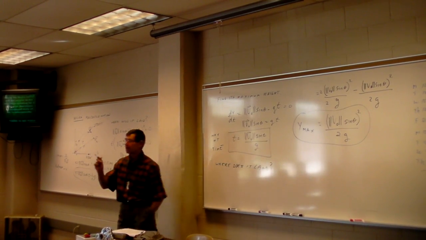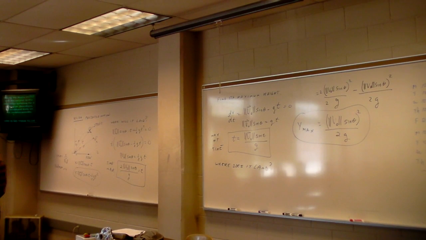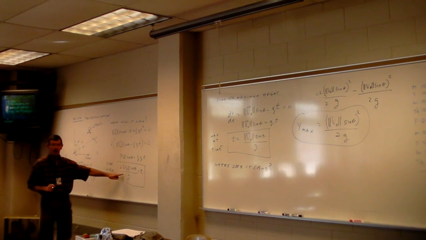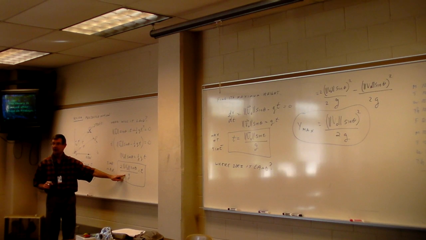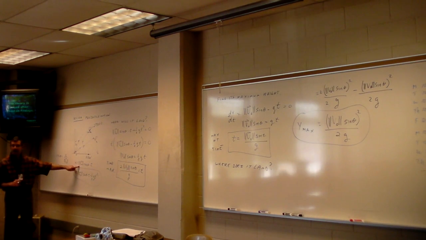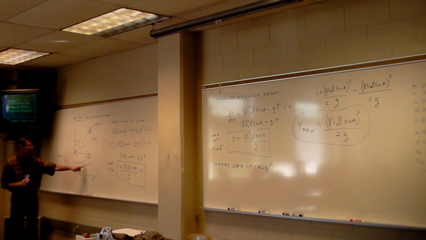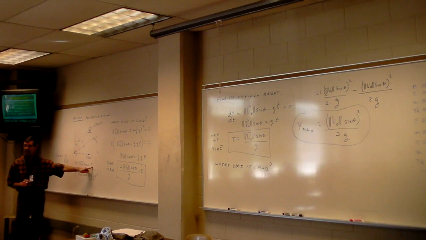Okay, final thing. Where does it land? It's going to land when the time in the air is expired. We have a formula for time in air. So where do we plug that into? Into the x equation. The landing point would be x equals this formula times the time it's in the air.